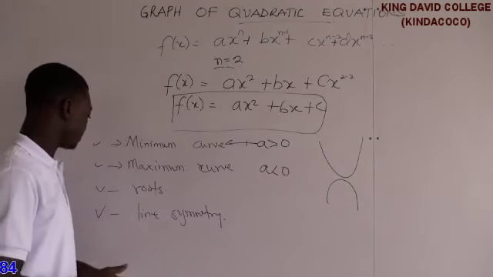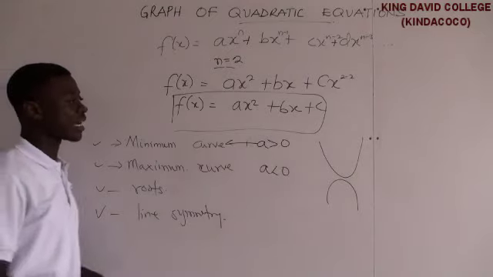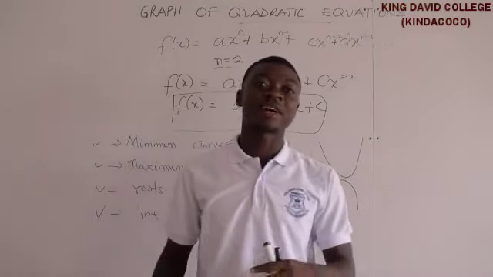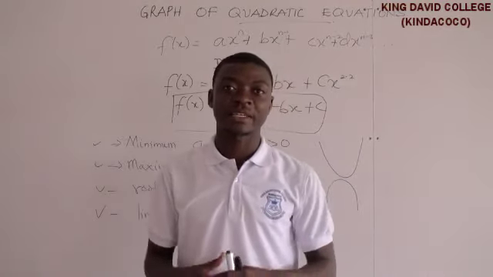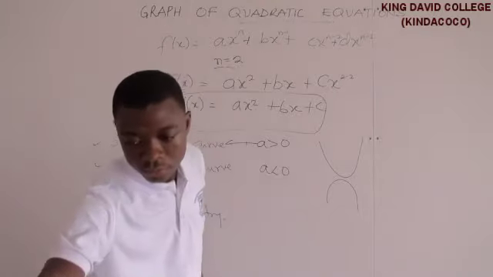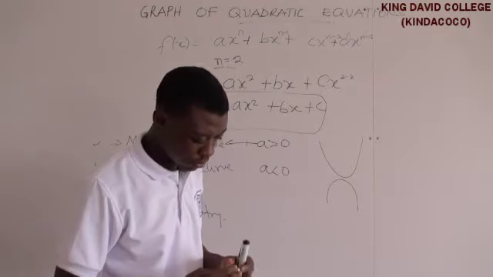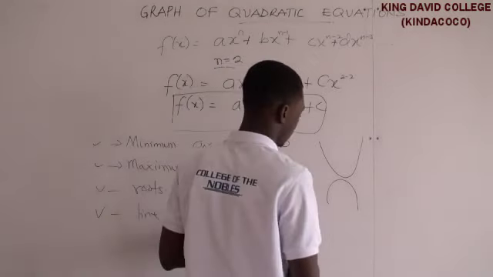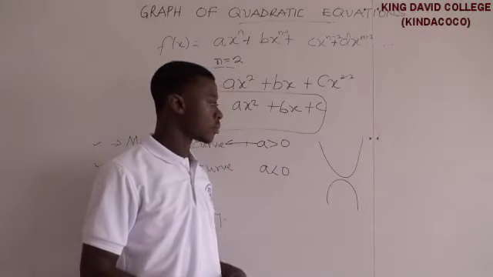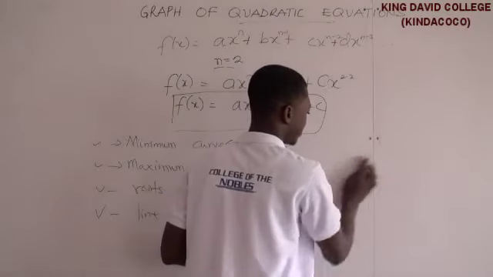Then also, after getting the line of symmetry, we can find the gradient of the curve at any point at all. Supposing we have this curve here, so let me redraw it well. Here.